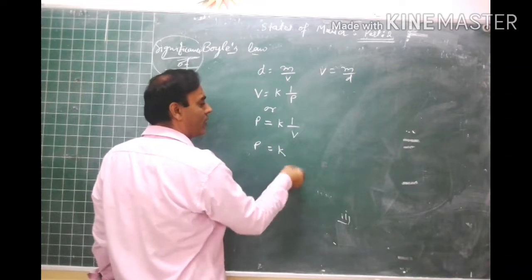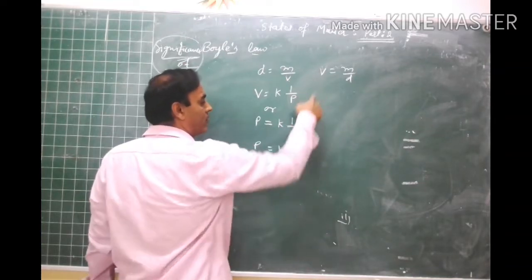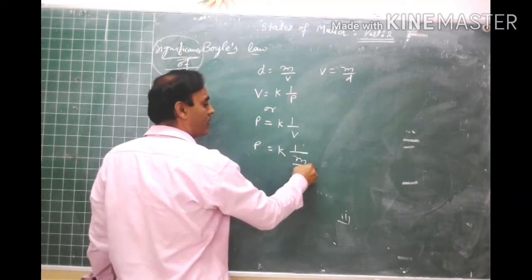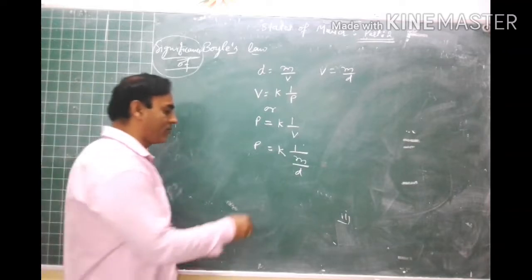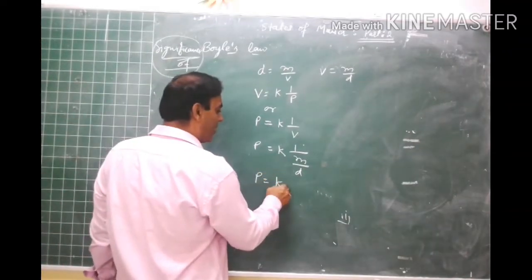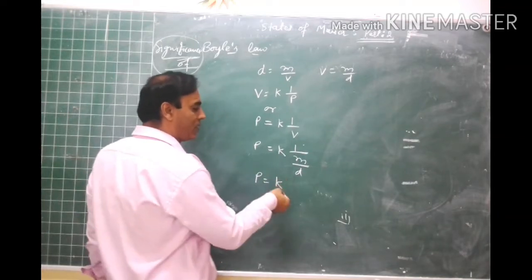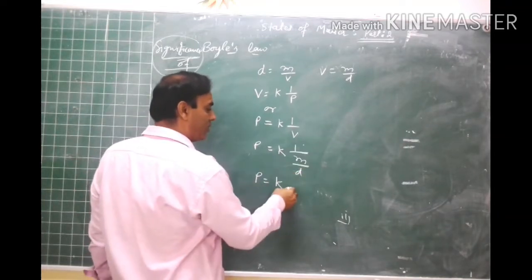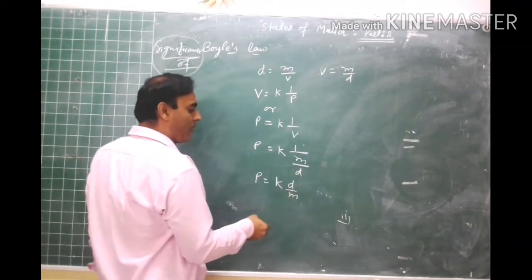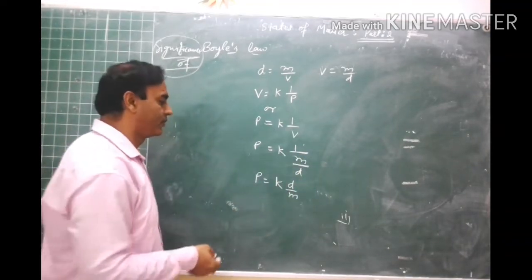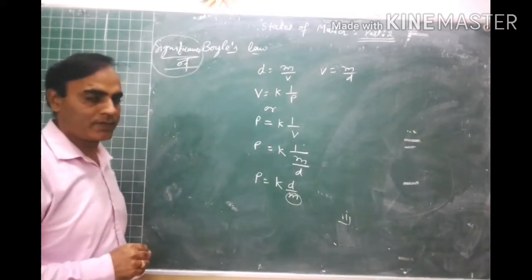P is equal to K into 1 upon M divided by D. Right? So this will become P is equal to K into D upon M. For a particular gas, this M, that is mass of gas, is constant.